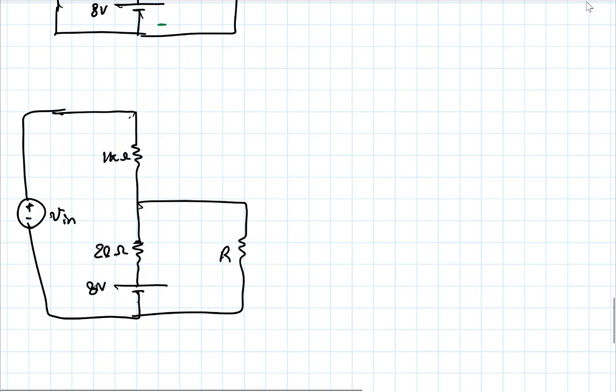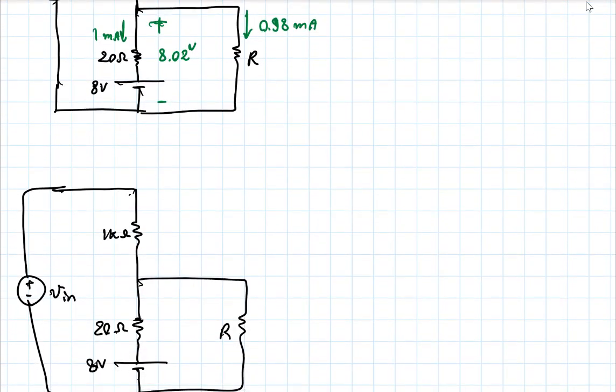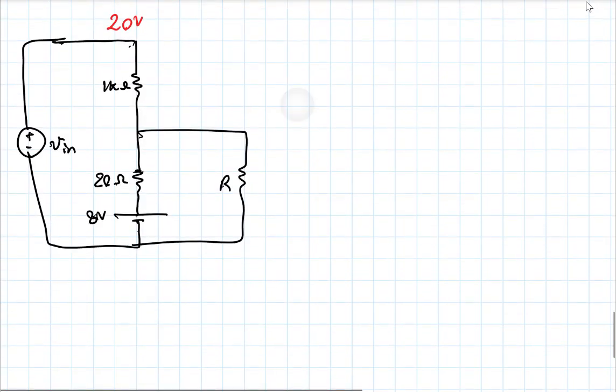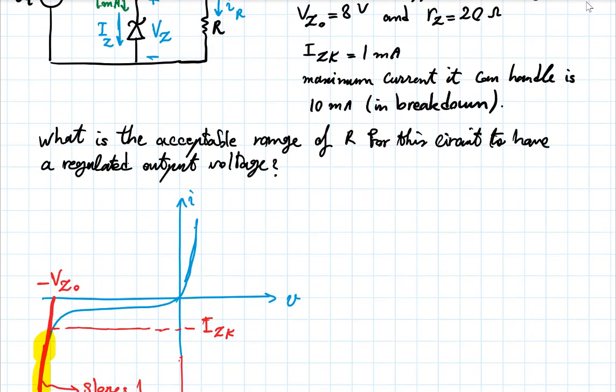Now, the criterion for R max is that we want to make sure the Zener current doesn't go above its allowed limit. The risk there is when the input is too high. If you're at 20 volts here, the upper limit of the input, you don't want things here to go beyond that 10 milliamps.